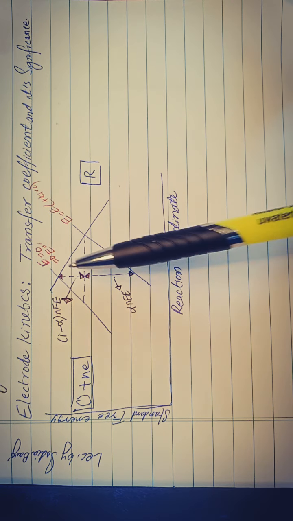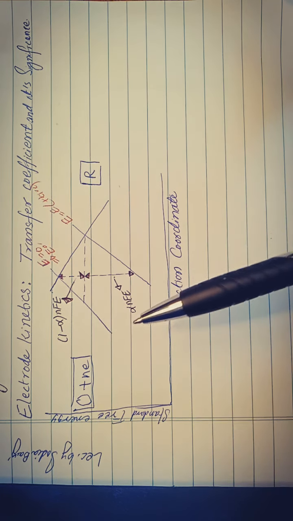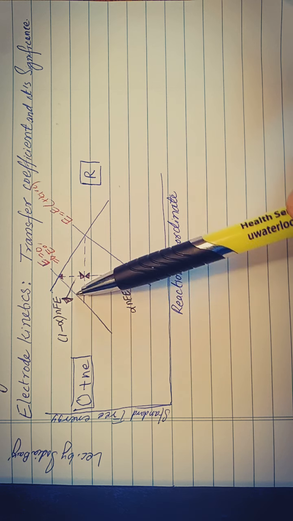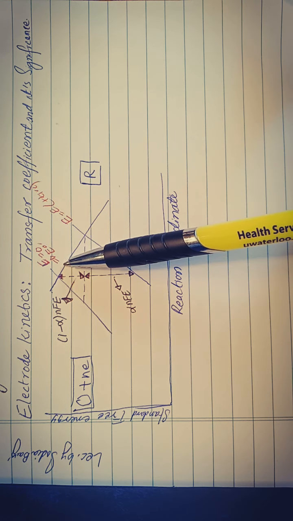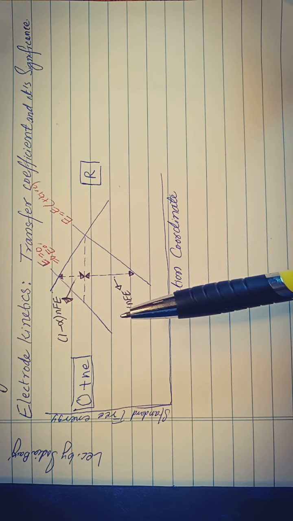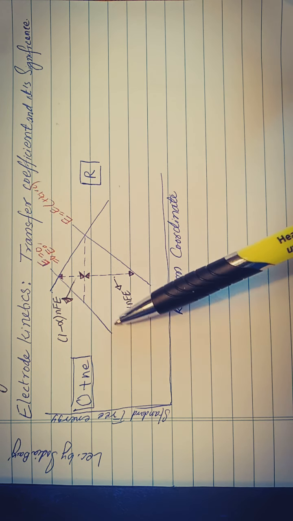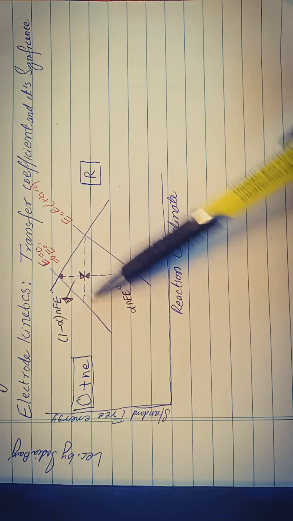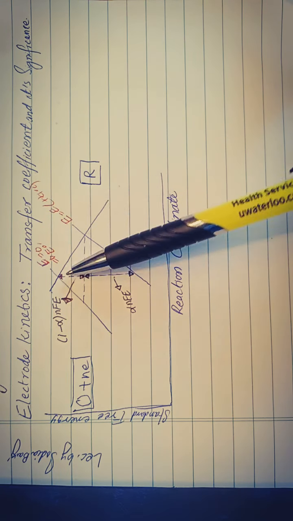So here we have the part of the energy barrier for the equilibrium potential, and this one is for the applied potential. And it is assumed that those curves are actually linear in this region.